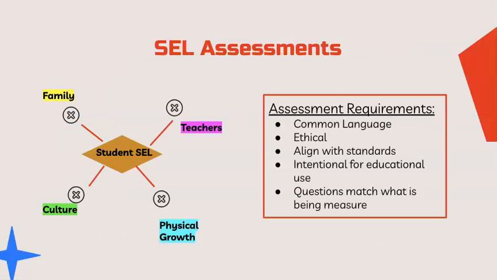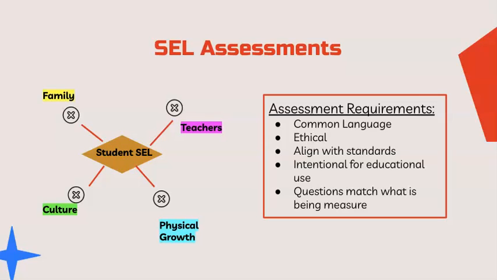In order for teachers to really see student growth in social and emotional learning, they need to take assessments. There are many factors that can affect students' social and emotional growth, such as their family members, the culture of their family, teachers and friends and other administrators, and their own physical growth.